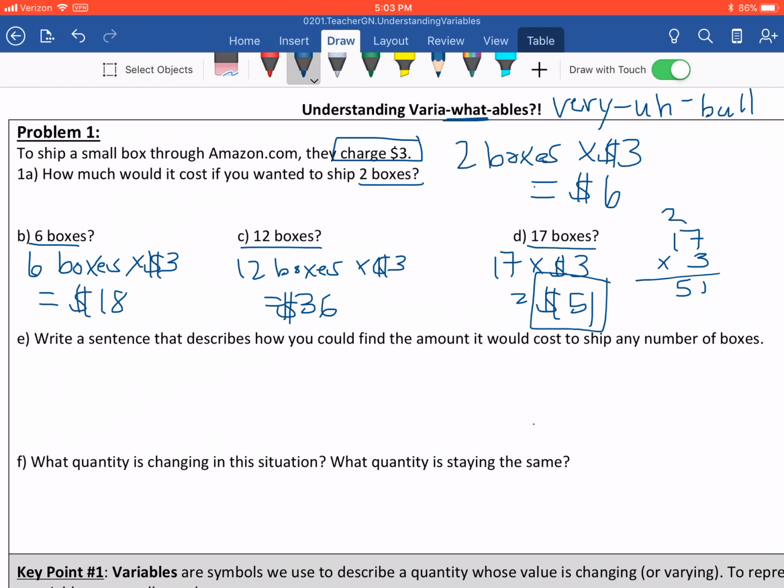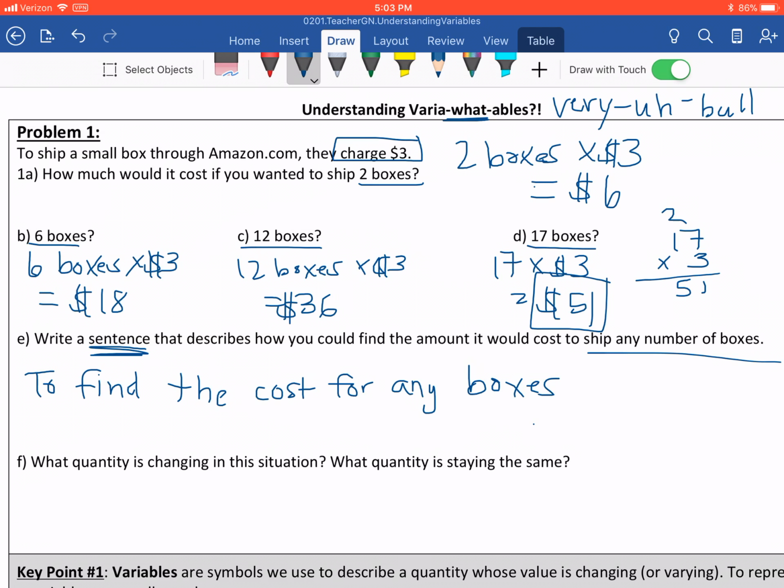So the next part: write a sentence that describes how you could find the amount it would cost to ship any number of boxes. So yes, we're going to write a sentence. We're going to use our words. How can we find the amount it would cost to ship any number of boxes? Basically, what's the rule? So I'm going to write, to find the cost for any boxes, and then I'm going to go back and think, what was I doing each time?